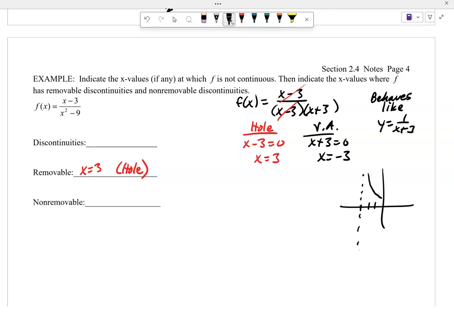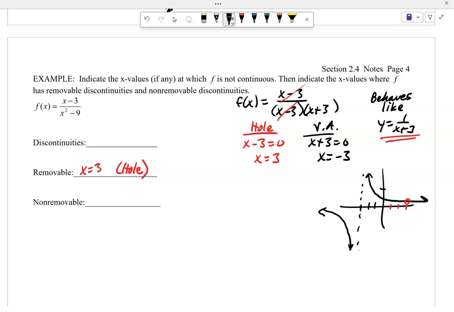And let me kind of draw this. Yeah, I've got a horizontal asymptote y equals 0 as well. I've got this hole at x being 3. Well, where's the hole at? Well, I can plug it into the simplified form. If I plug 3 in for x, I got 1/6. So at 3, I've got this hole of 1/6 right there, right?